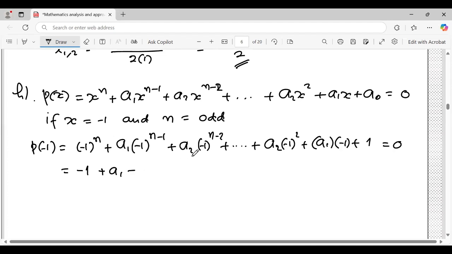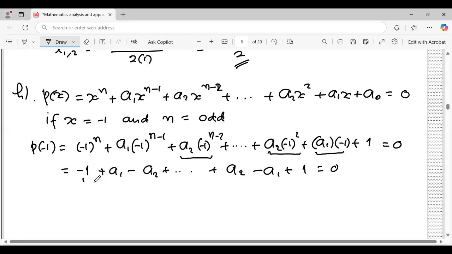This expression is minus a(n minus 2), and this expression is positive a2, and this is minus a1, and this is a0, equals 0.